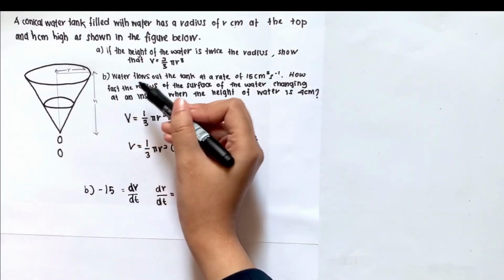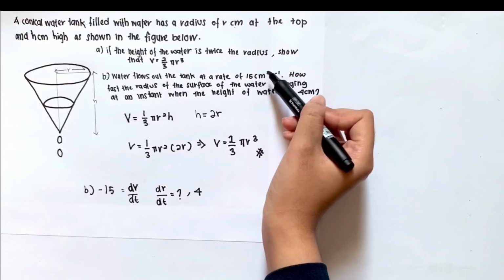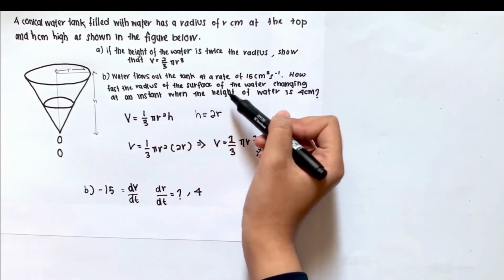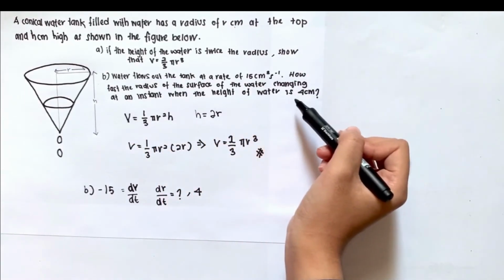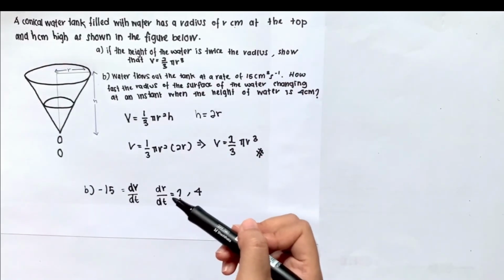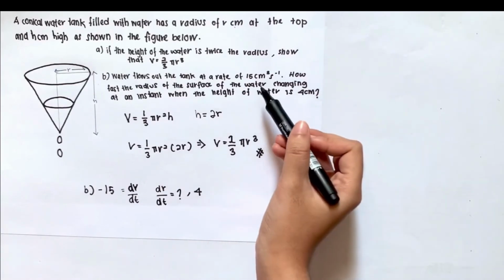B. Water flows out of the tank at a rate of 15 cm cubed per second. How fast is the radius of the surface of the water changing at an instant when the height of water is 4 cm? The information given is that the water flows out at a rate of 15 cm cubed per second.